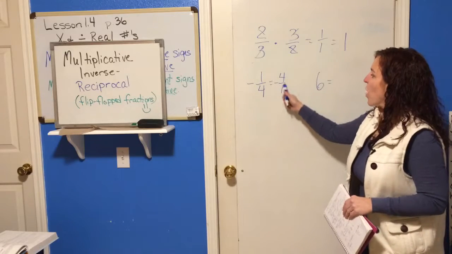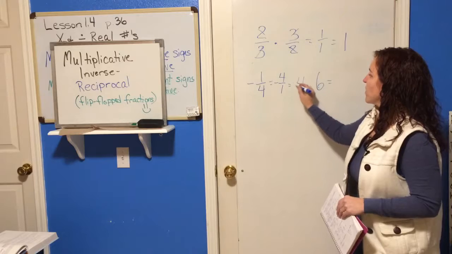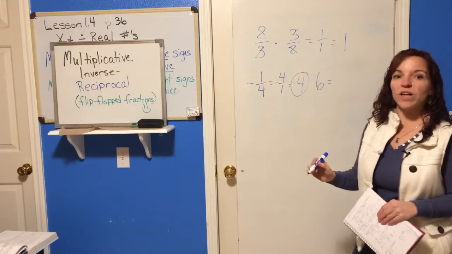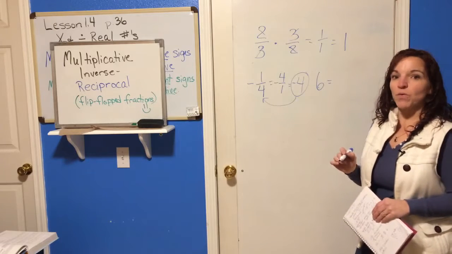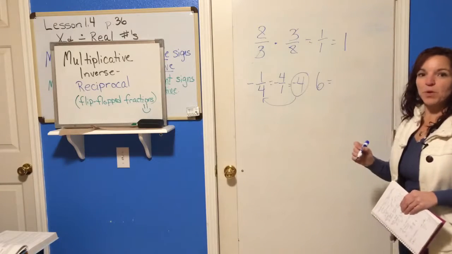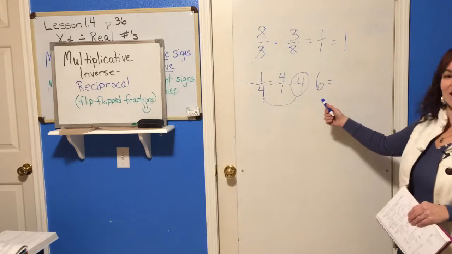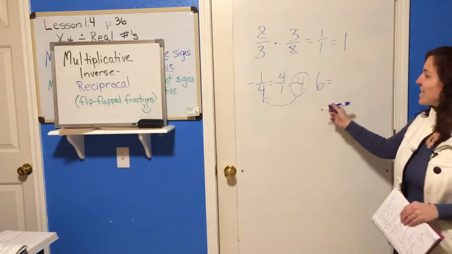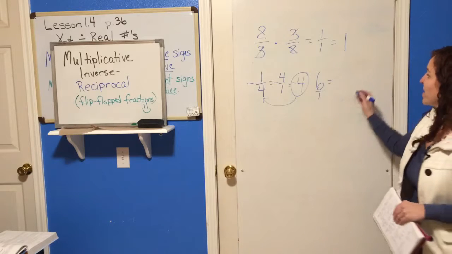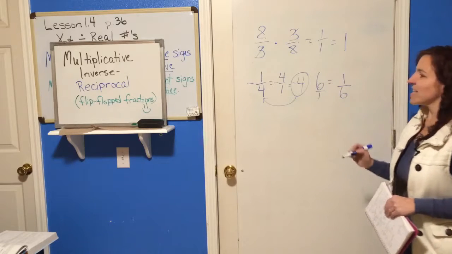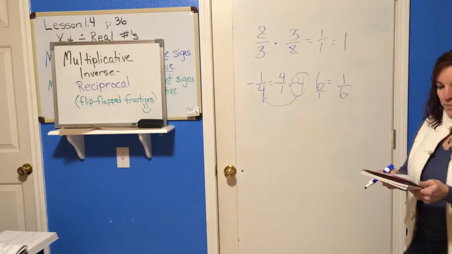And anything over 1 is just itself. So -4 is your multiplicative inverse or your reciprocal of -1/4. The reciprocal or the multiplicative inverse of 6, what's that going to be? Well, 6, remember, is the same as 6/1. So then you flip it, and so 1/6 is the multiplicative inverse.